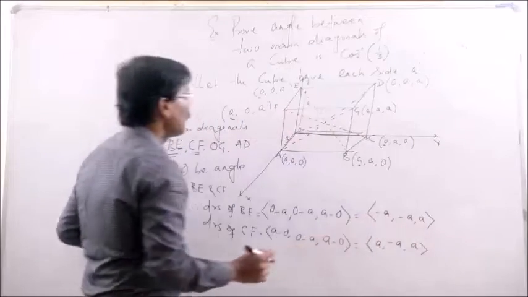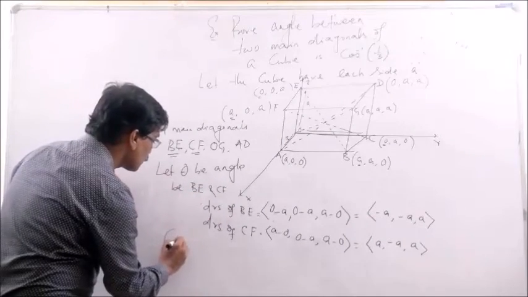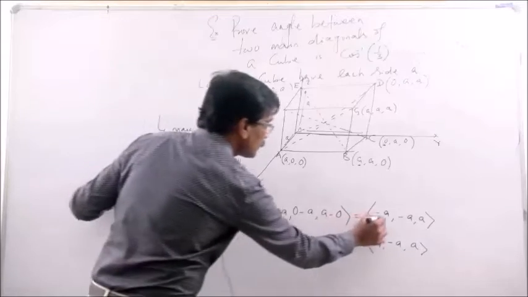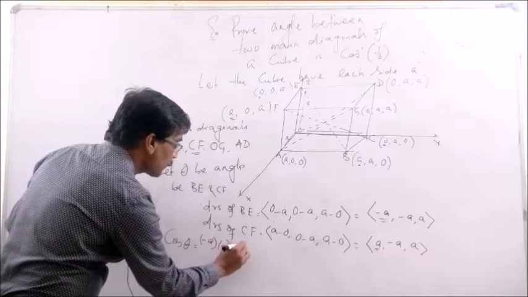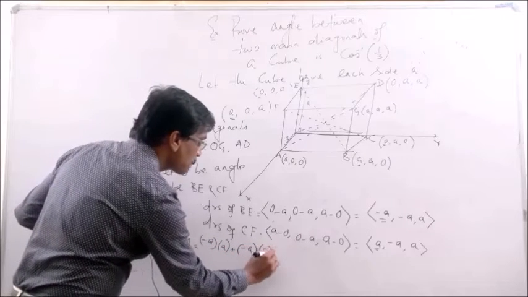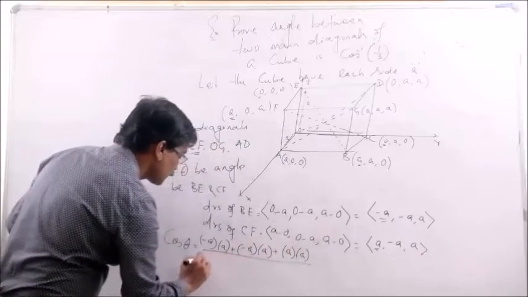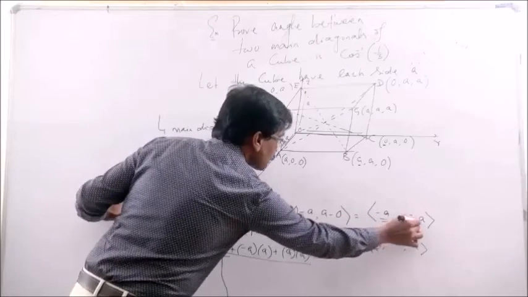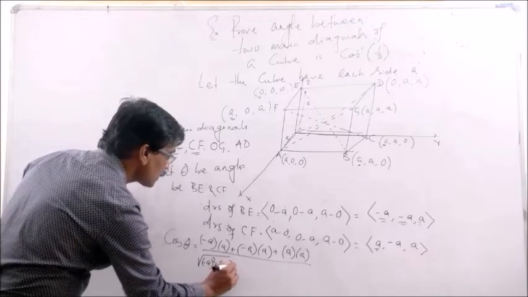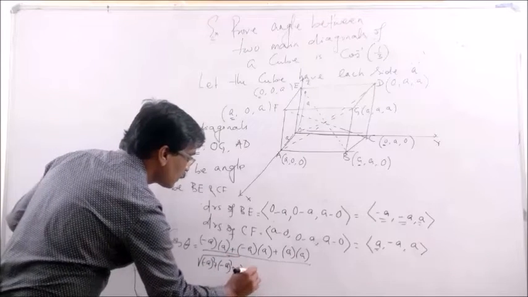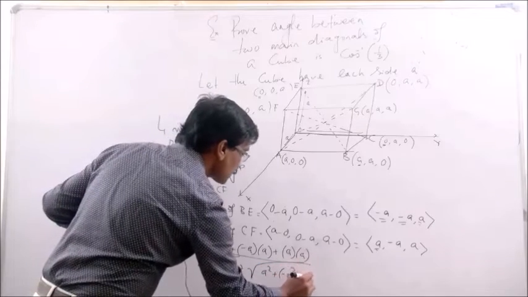And theta is the angle between BE and CF. So, cos theta is equal to (-a times a plus -a times -a plus a times a) over root of (a square plus a square plus a square) times root of (a square plus a square plus a square).